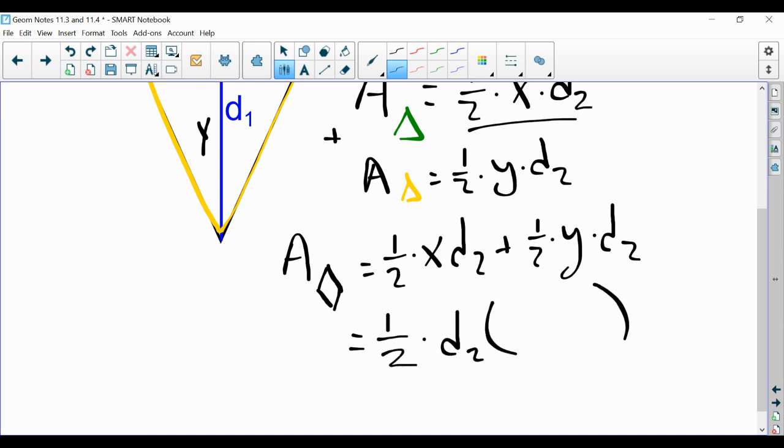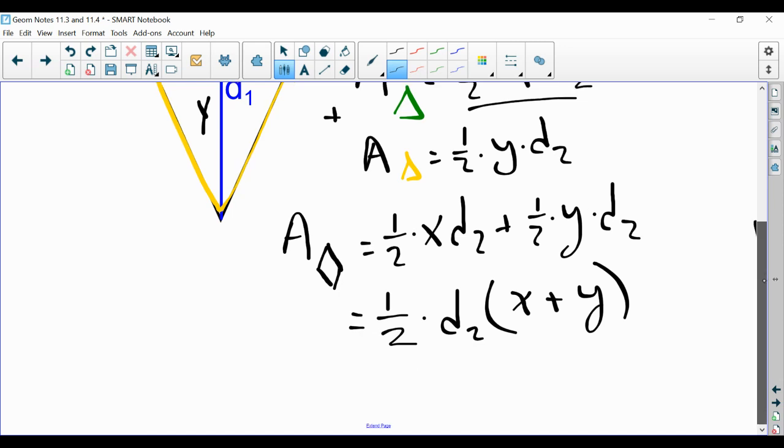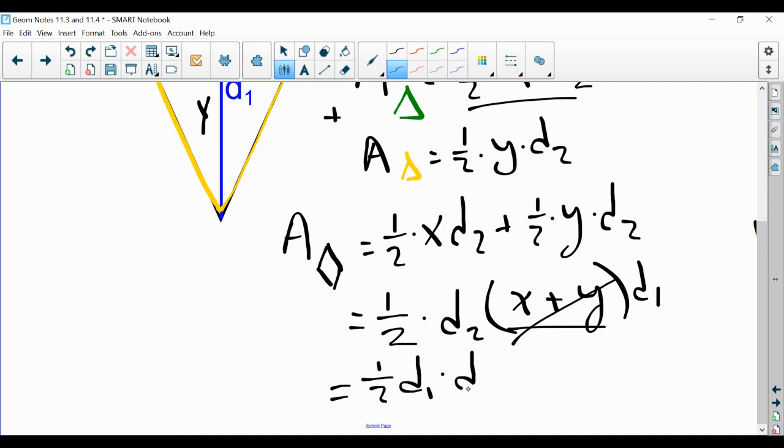And I'm left with X plus Y. And what did we say X plus Y was equal to? X plus Y was equal to D1. So I can replace X plus Y with D1, and I get my formula, 1/2, and I'll just put it first because I'm OCD like that, D1 times D2. So that is where the formula for the area of a kite comes from.